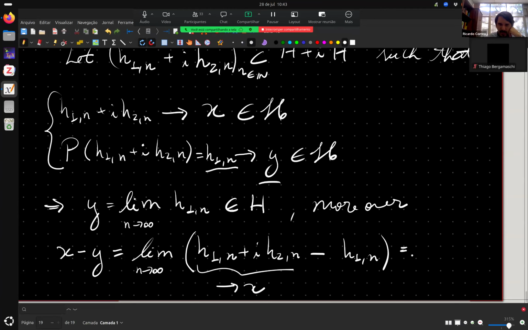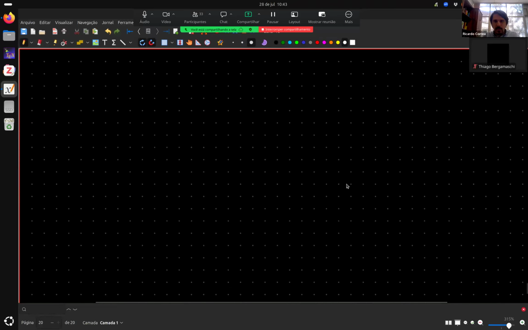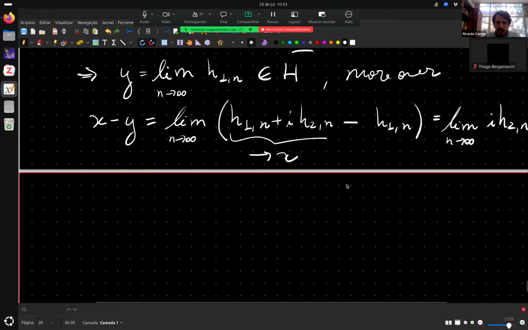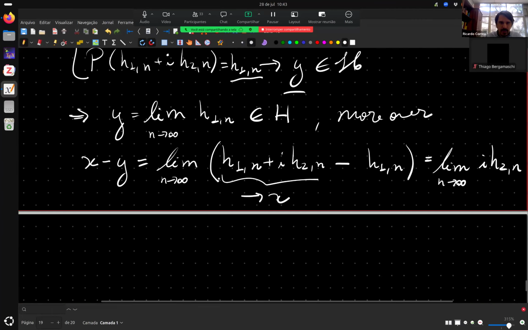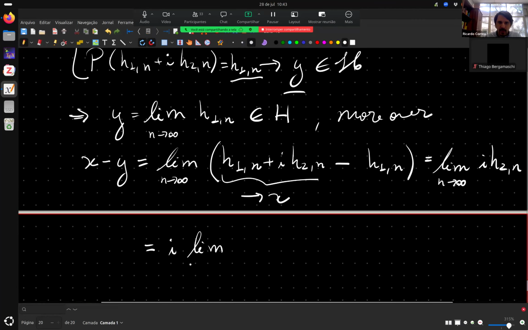Then this is the limit of i h2n when n goes to infinity. And therefore, this is just i times the limit when n goes to infinity of h2n, which lives in iH.